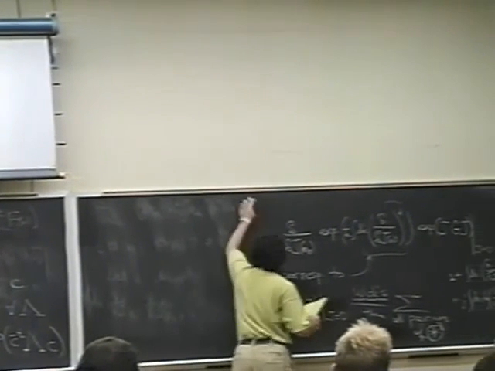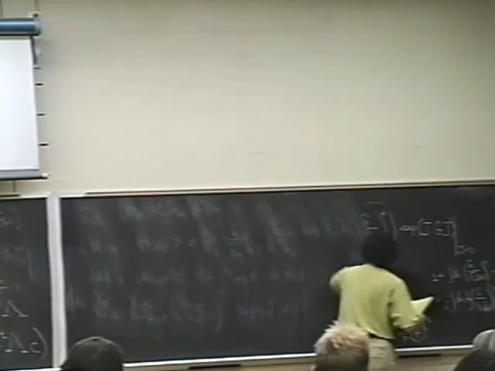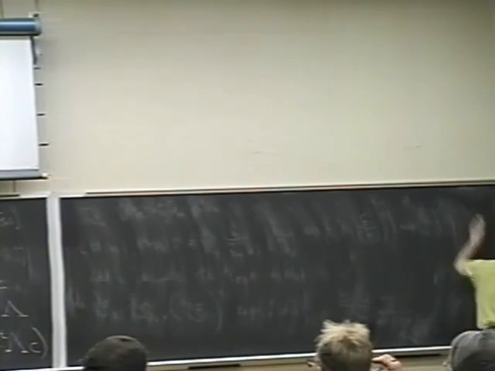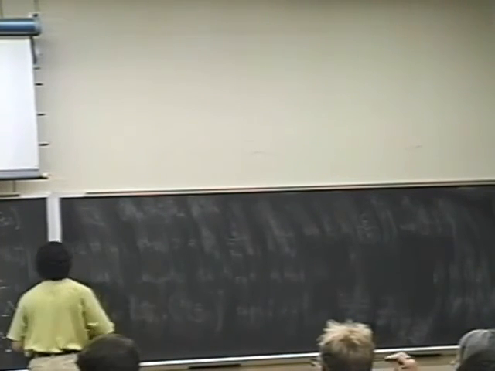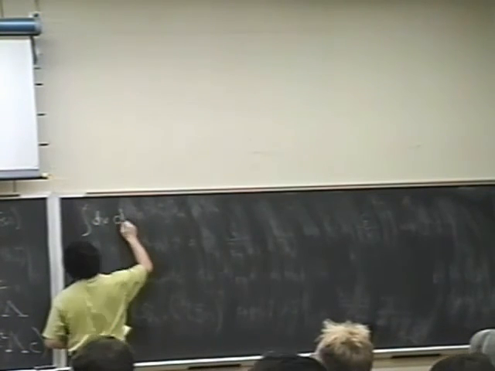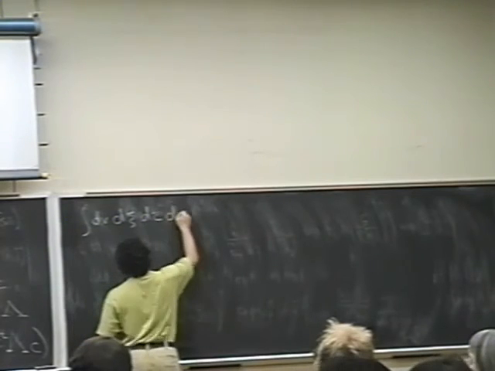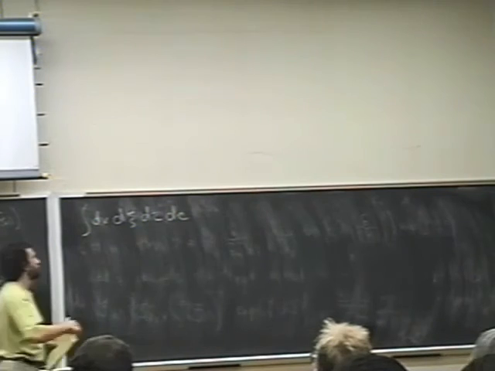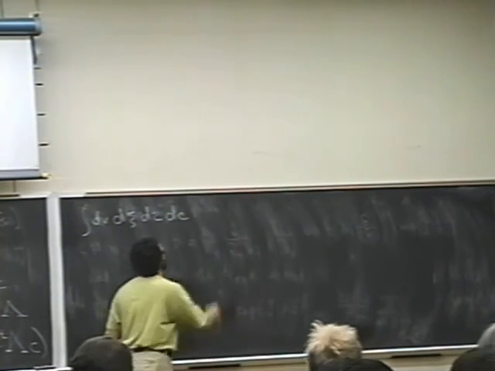So the total will look like dv d sigma dc bar dc. I have many new variables now. These are anti-commuting, these are usual variables.